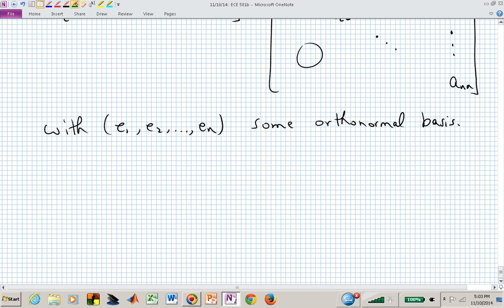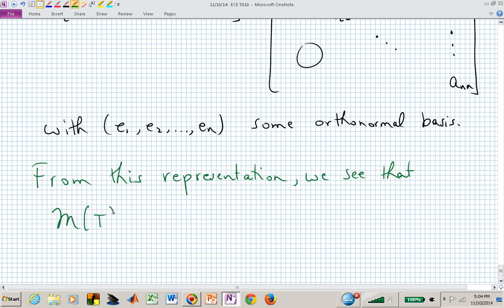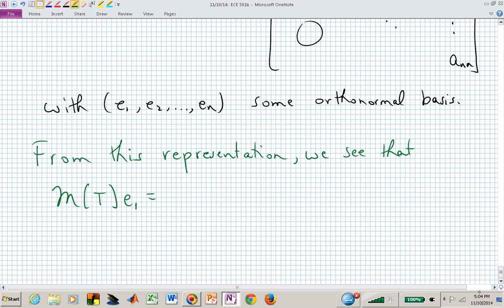Now, if we start with that matrix representation, if we now take the first basis vector, E1, and apply to that the matrix representation of this linear map, we now have A11, A12, A1n, A22, down to A sub nn.